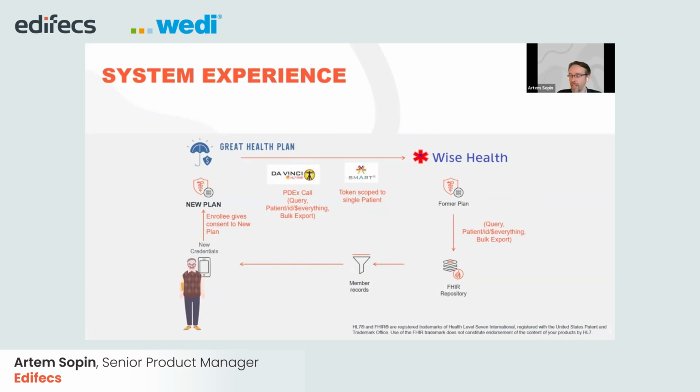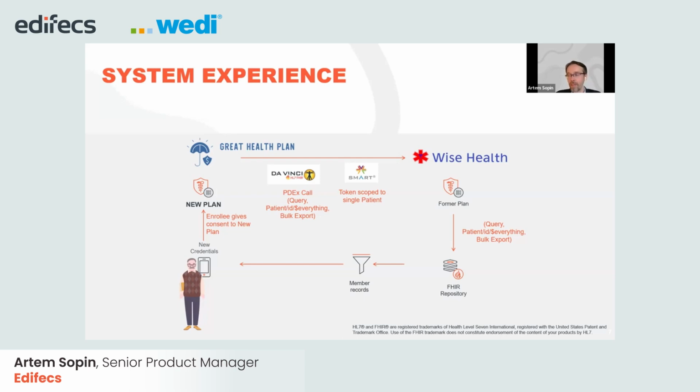So the next piece: how it's done technologically. Behind the scenes, there is a FHIR IG. I will not go into too many details in this FHIR IG, but think about it as a member enrolls, gives consent, and the plan can just do a member match operation. Once that's done, the plan can leverage the Da Vinci FHIR IG and execute.